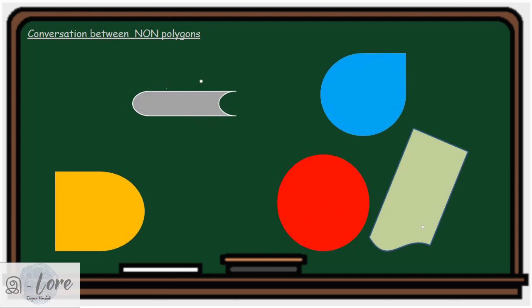The yellow, blue, red, and the remaining two colored figures are not made only by line segments. These figures are made by curved lines also. The red circle is made with a curved line. Suppose the circle has an infinite number of small line segments. If it is made with small line segments, that also comes under polygon.